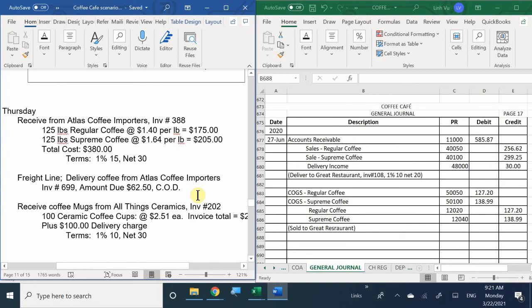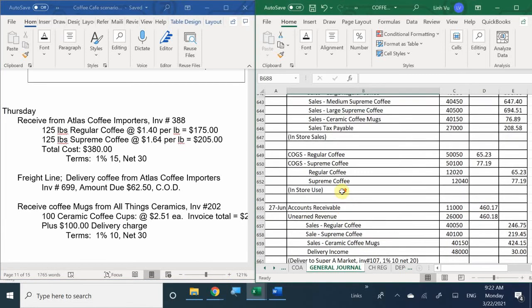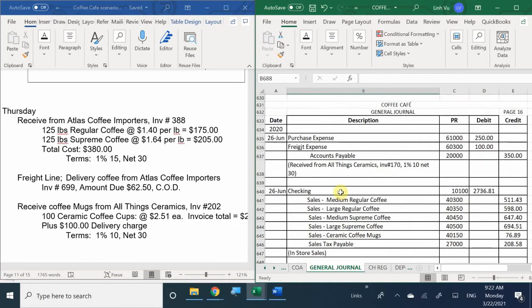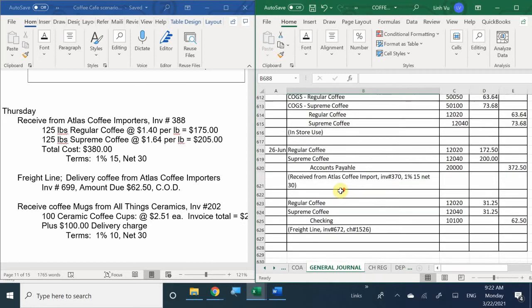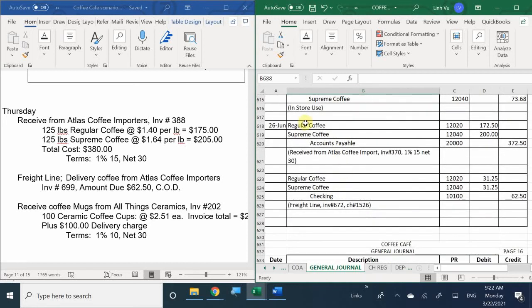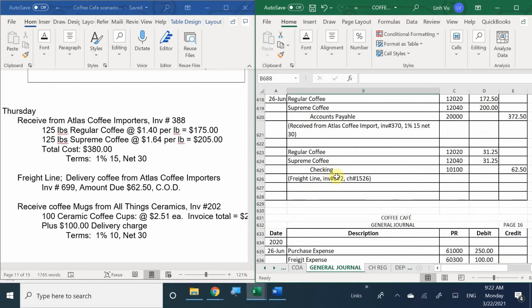Receipt of a shipment of coffee. We received more coffee. Perfect timing. We're running low. So, how do we journalize this? Purchase expense, for the coffee? Regular coffee, debit.